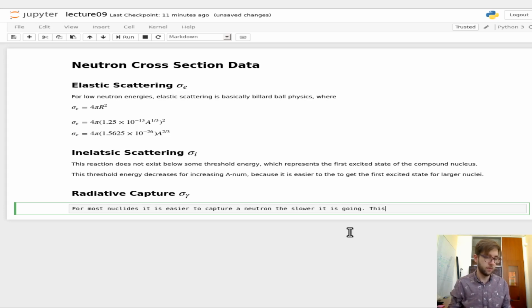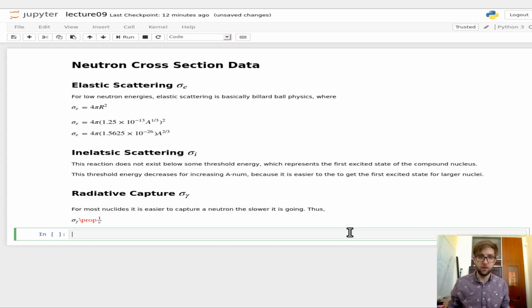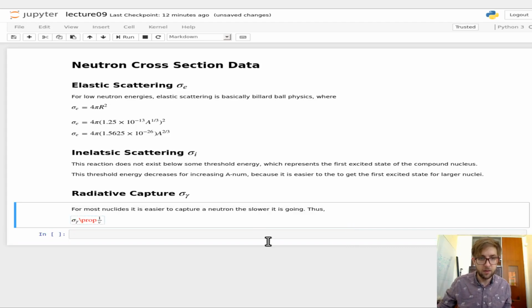Thus, what we have is an expression in terms of velocity, specifically the inverse of velocity. So sigma is proportional to 1 over the velocity.